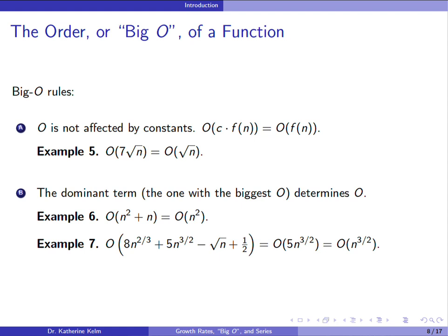Okay, so having seen a couple of these examples, let's go over the rules of big O. Example 2 showed that big O is not affected by constants. So big O of a constant times f of n is the same as big O of f of n. As another example, big O of 7 times square root of n is big O of square root of n.